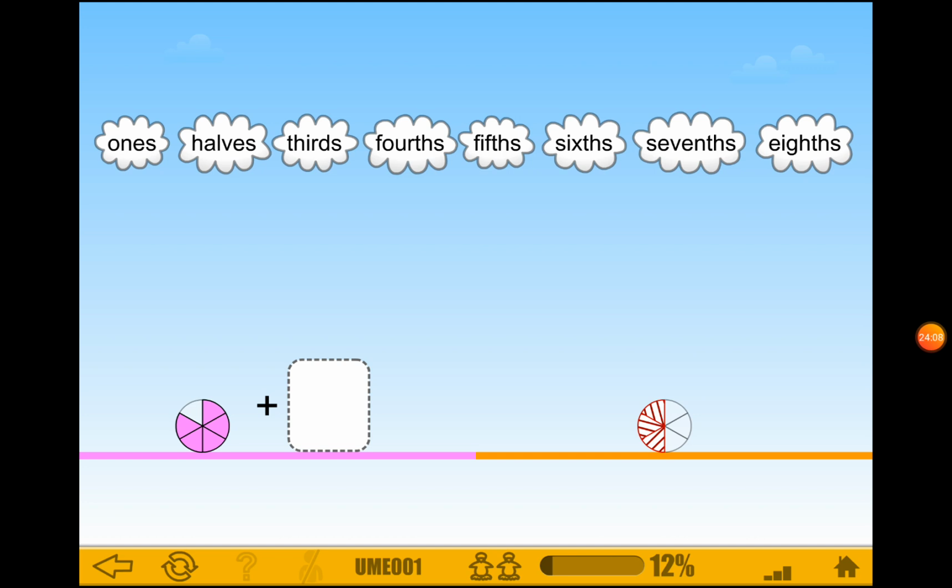So 5/6 minus, oh, 5/6 plus blank equals negative half. So that would be approximately.